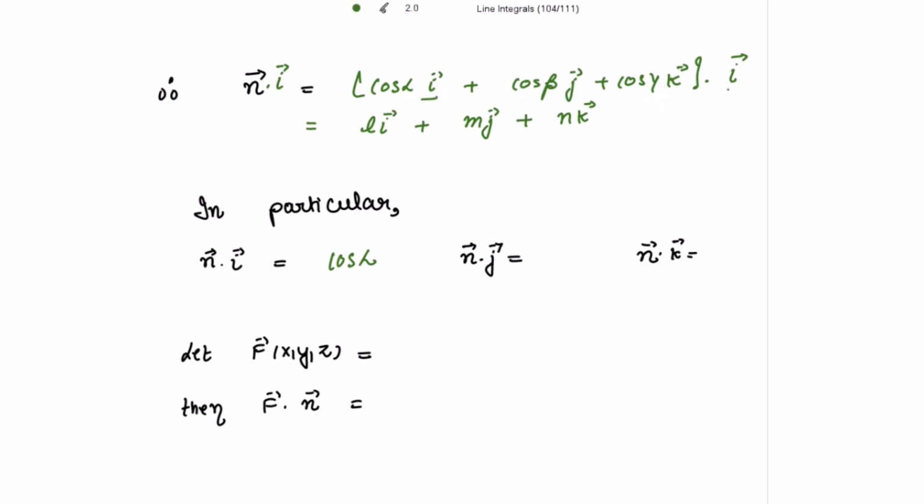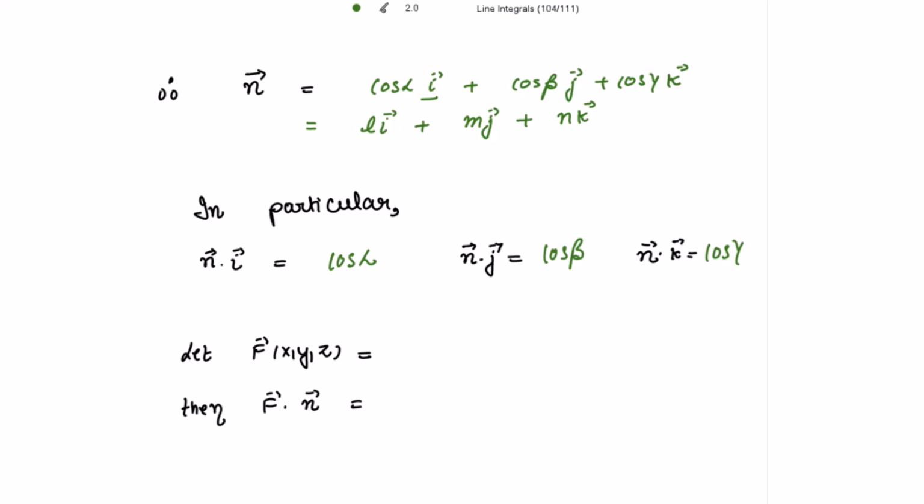So n dot i becomes cos alpha only, right? Similarly, n dot j becomes cos beta, and n dot k becomes cos gamma.